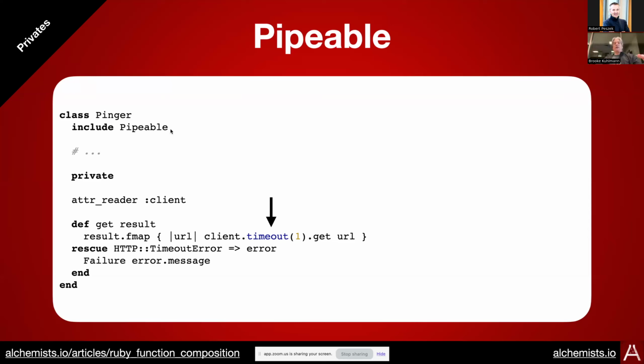Otherwise, if it's a failure, that block that I'm pointing at right here just doesn't get called at all, and it'll pass through to the next step. In the case that I do have a timeout error, though, I'm actually rescuing it in this case, and then I'm just going to wrap that error message in a failure. So very clean. So it pops out of the timeout, pops out of that fmap call.